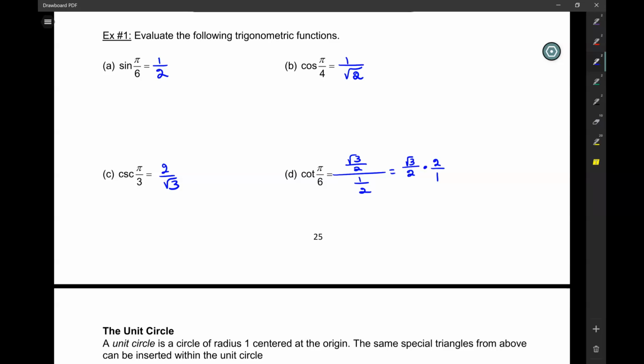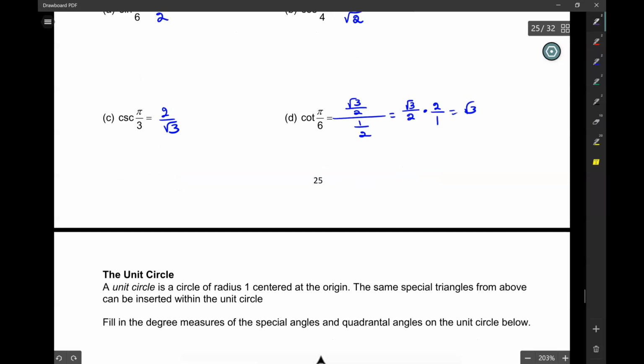If you guys know to do that, but do you know why you're canceling the 2, or are you just doing it because Max did it? No, because it's 2 root 3 over 2. So this is root 3. I would rather you do it the canceling way. Look, fraction divided by a fraction.